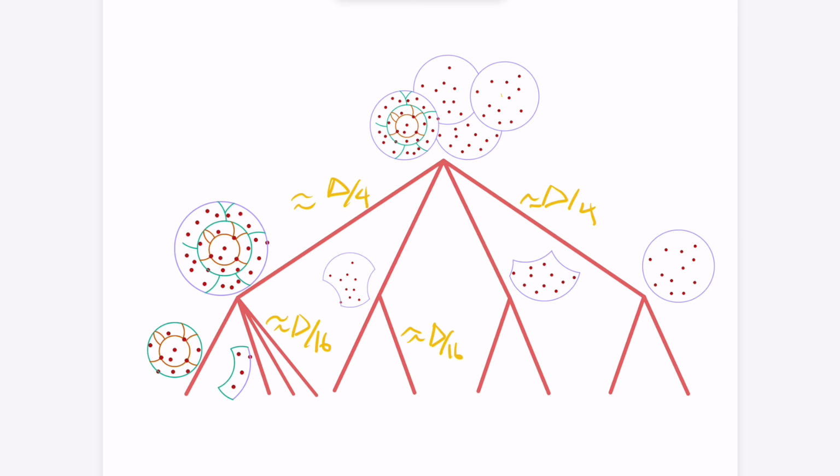So the root is the whole vertex set, and that graph has diameter delta. And then each of the children represents graphs of diameter delta over 2. Okay. And then that gets broken further into graphs of diameter delta over 4, delta over 8, and so forth.